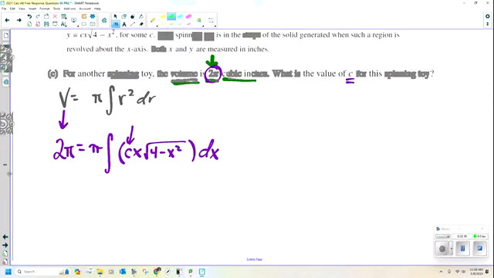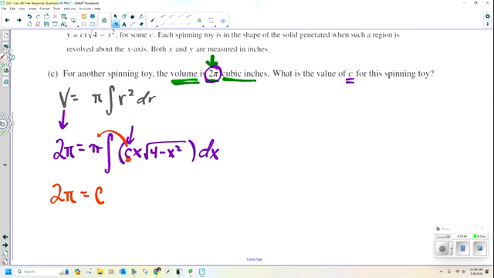Let's do this. The c is a constant, so we're going to pull that out. So 2 pi is going to equal c times pi times the integration. And notice we don't have bounds yet. The bounds are still the same. This graph is not changed.